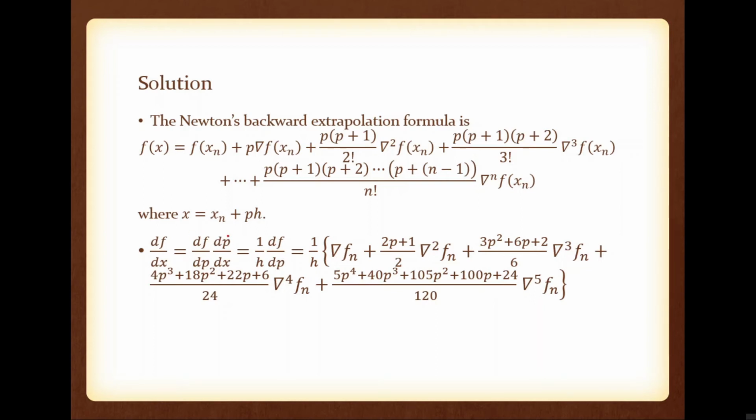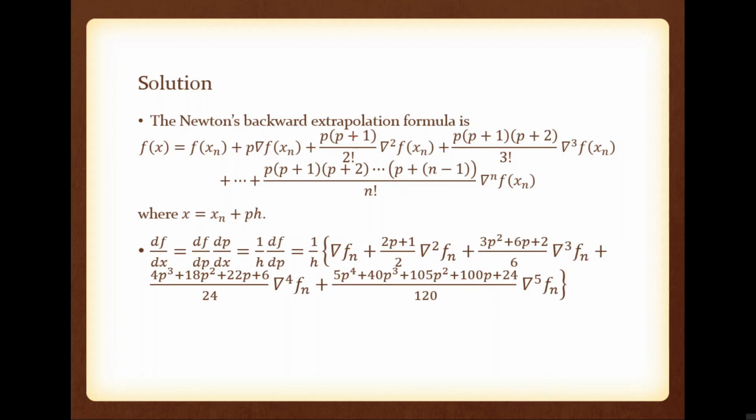So this entire term will become 1 by h into df by dp. So that is equal to 1 by h into the differentiation of this equation. Differentiation of this fn is 0, this is a constant. Now differentiation of this term is del fn. So that is written here.